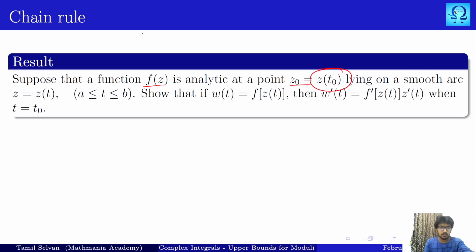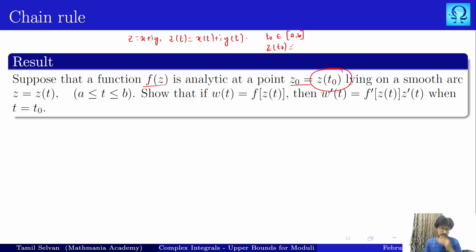So generally what we have is z equals x plus iota times y, and here we have parametrized. So z of t is going to be x of t plus iota times y of t, and at a particular point t naught in the interval a b, we are evaluating the function z.